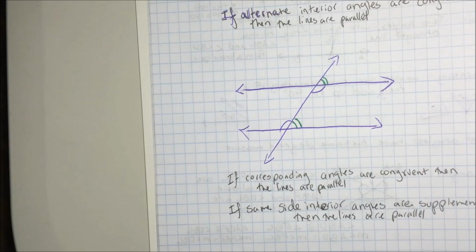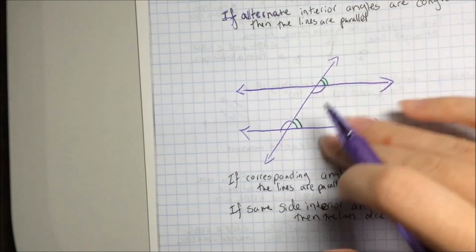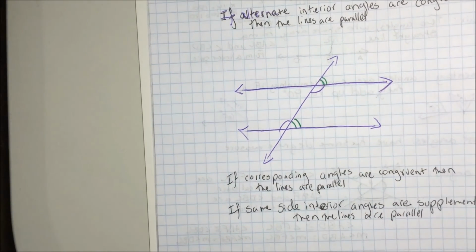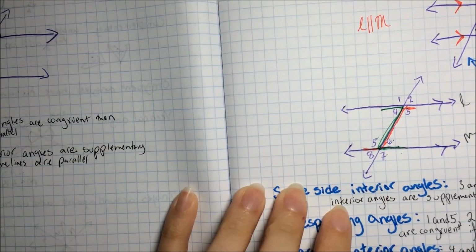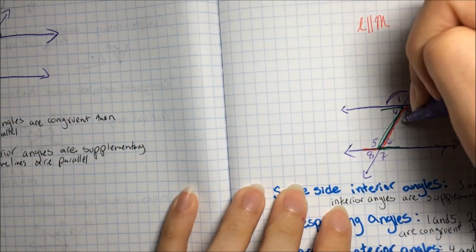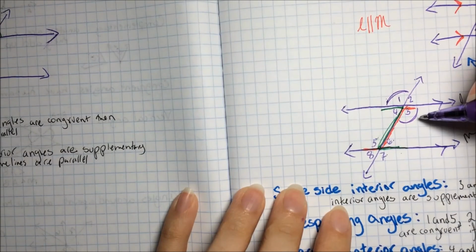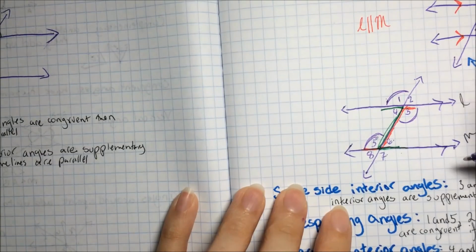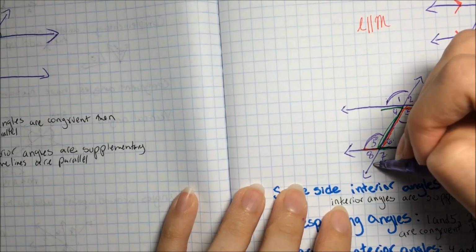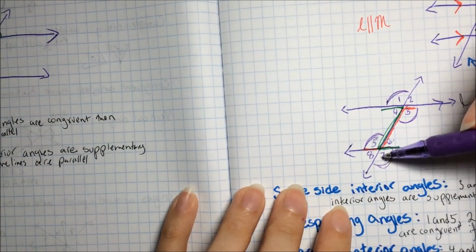So you can see which angles will end up being congruent. I'm going to go back to this diagram over here. Okay, 1 and 3 are congruent because they're vertical. 3 and 5 are congruent because they're alternate interior angles. 5 and 7 are congruent because they're vertical.